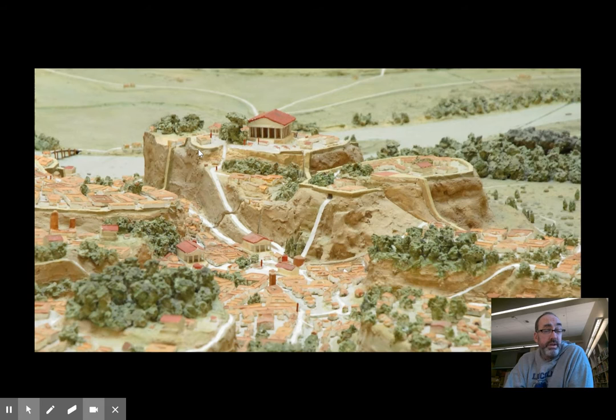The worst crime in Rome was killing your parents, or killing your dad specifically. Your dad was sacred in a lot of ways. It was a patriarchal system, which meant your dad could do anything to you, but you could not do anything to your dad. A father could kill you and not face any punishment.